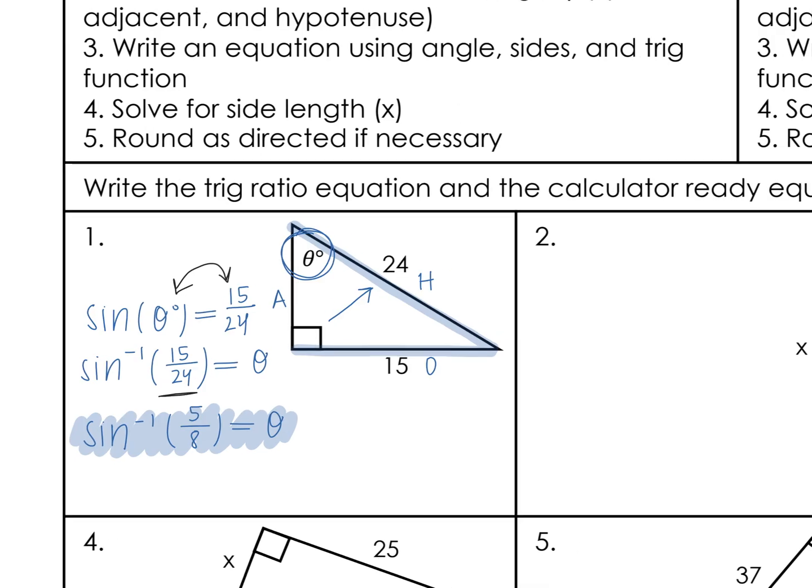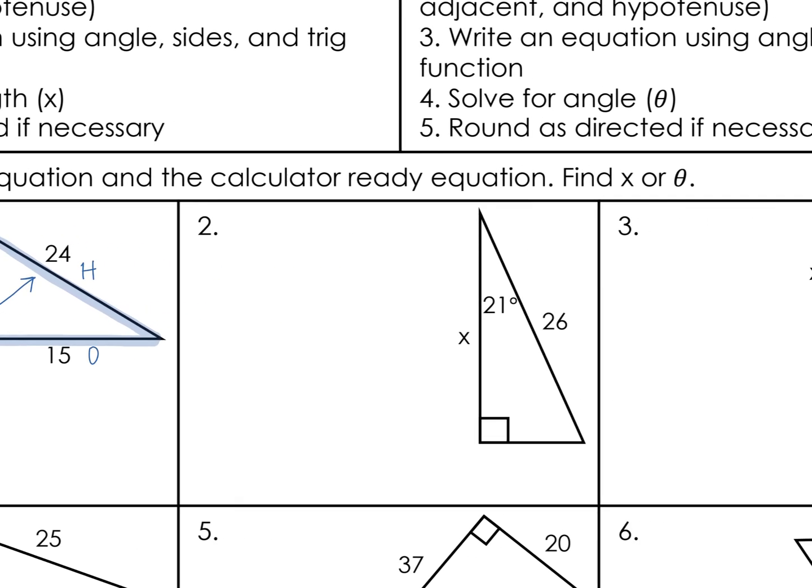Now let's look at number 2. Okay, so here for number 2, we're going to start off with marking our angle. We have that 21 degrees. So my opposite, my hypotenuse, and my adjacent. Then to determine my trig function, I'm going to look at the two sides I have something for. We have that x. Obviously, we want to use that.